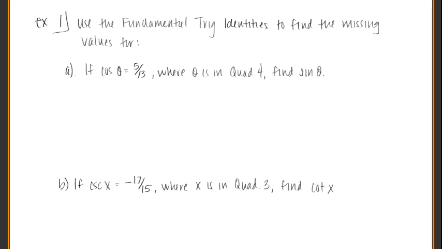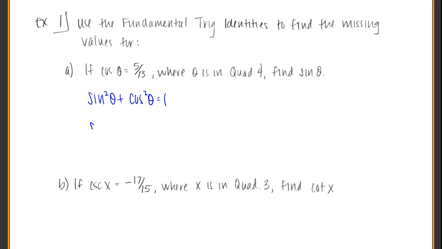In this first example, what they want us to do is, if our x value is 5/13, where theta is in quadrant 4, find the sine value. Well, what we need to do is find an equation that can relate sine and cosine together, and that's one of our primary identities: sine squared theta plus cosine squared theta equals 1.